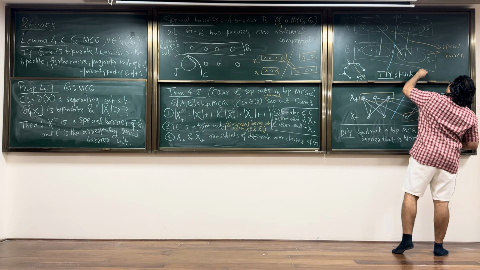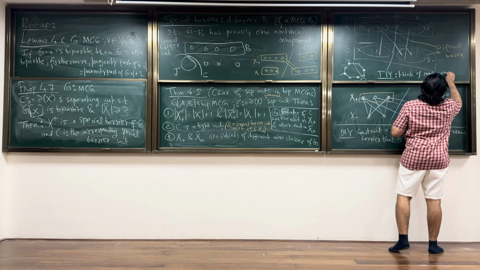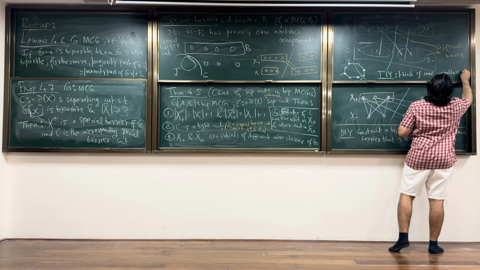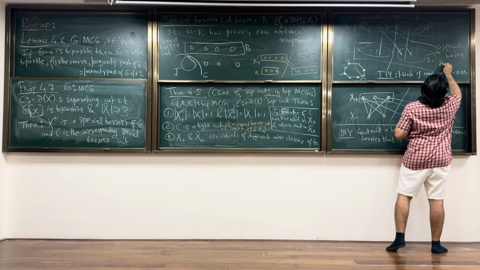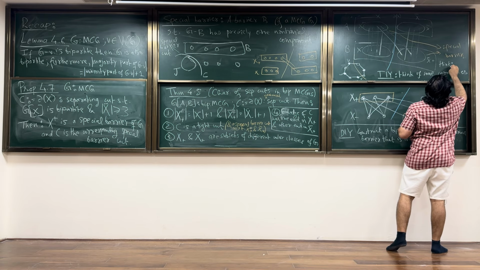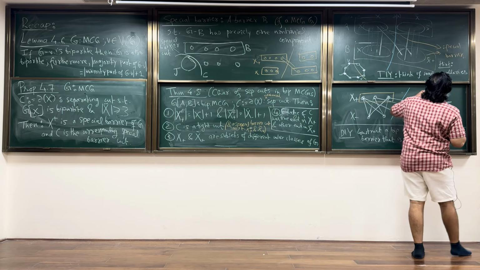Think of some; these should be one-liners. They are basically corollaries. And the hint is they have something to do with vertex disjoint odd cycles.